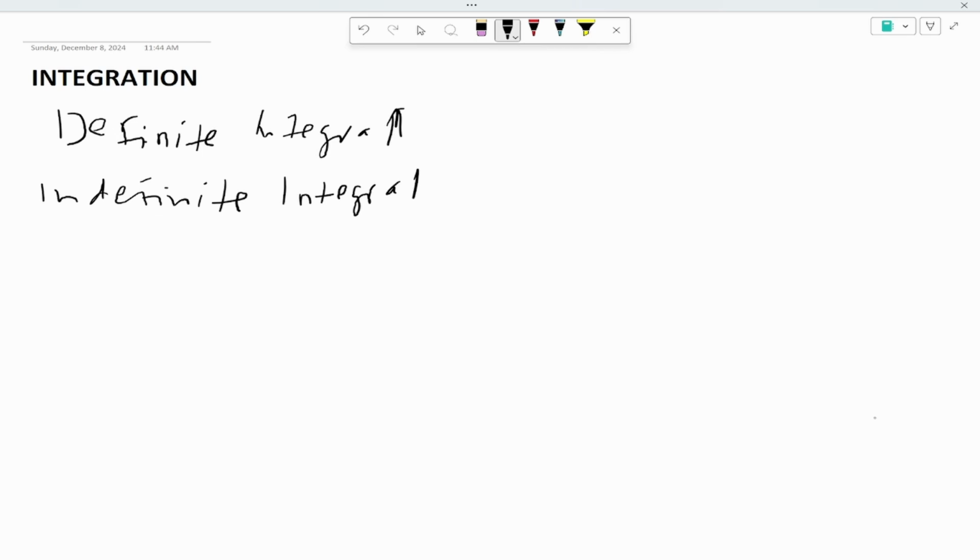So where the definite integral has what we call the upper limit and a lower limit, that is like placing a limit to how far you can go on the point.